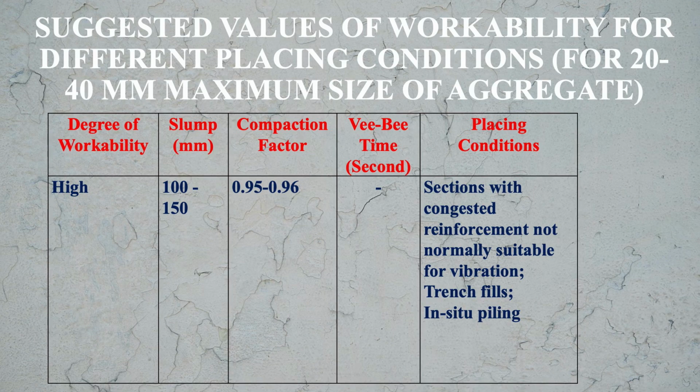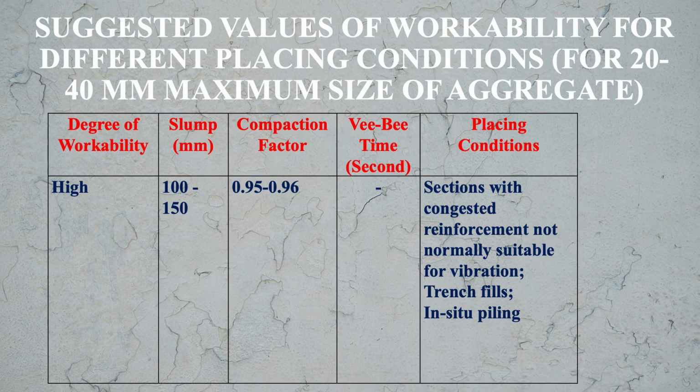VB time for such concrete is difficult to measure because it is highly workable, and as I told you in the VB consistometer method, this test is not suitable for highly workable concrete mix. So here this is not noted. And let us see what are the placing conditions in which we can use this type of concrete mix.